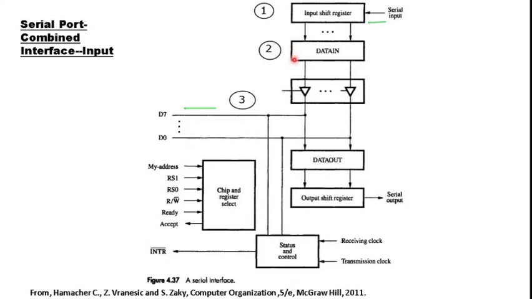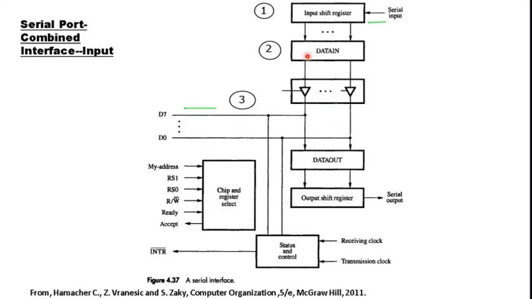Whatever is there in the data input register can be read by the master or the CPU in parallel fashion through these tri-state buffers corresponding to the individual bits of data in. We have seen this arrangement earlier. There will be a signal going from chip and register select to the control inputs of all these tri-state buffers whenever a read operation is triggered and a ready signal is given to this interface.